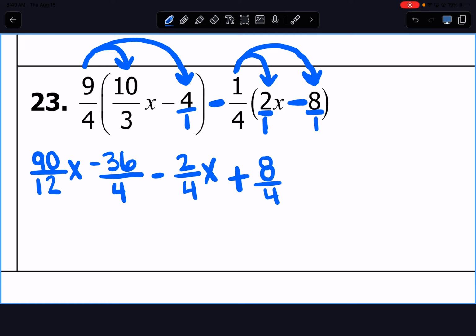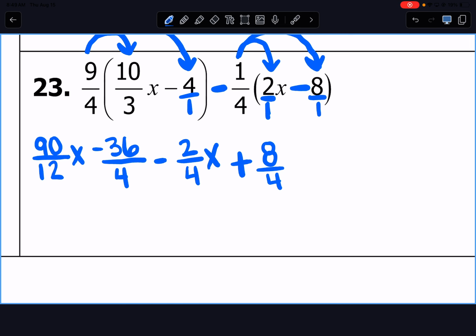Now we're going to simplify what we can. Okay, can we simplify 9 over 12? Use your calculator if you need to. Yeah, it'll be 15 over. Yep. Then, can we simplify negative 36 over 4?